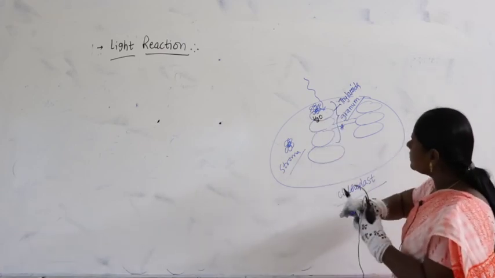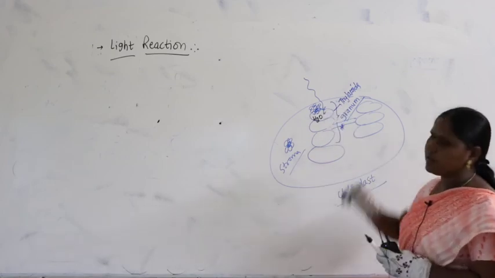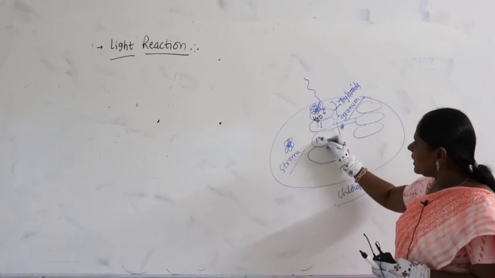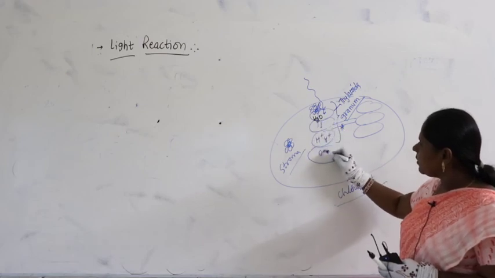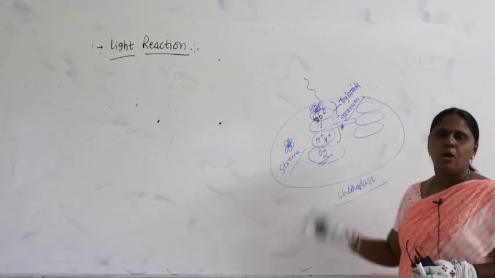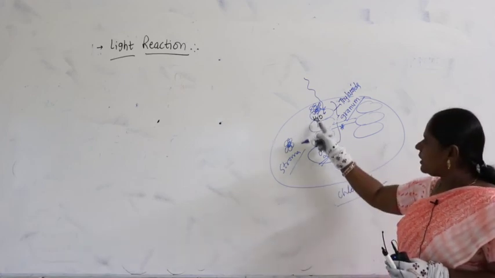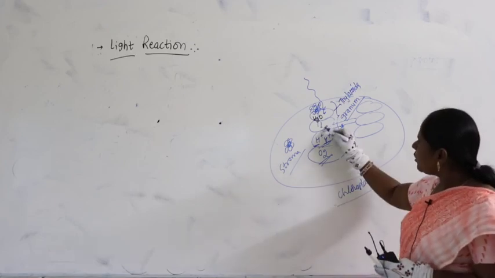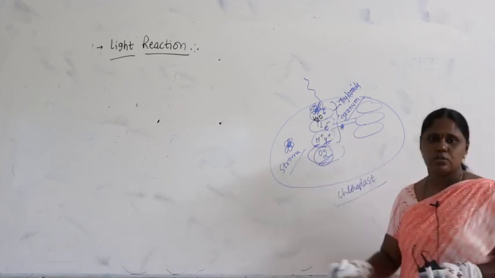When light falls on the granum or thylakoid, the splitting of water takes place. Protons are released, electrons are released and oxygen is also released here.